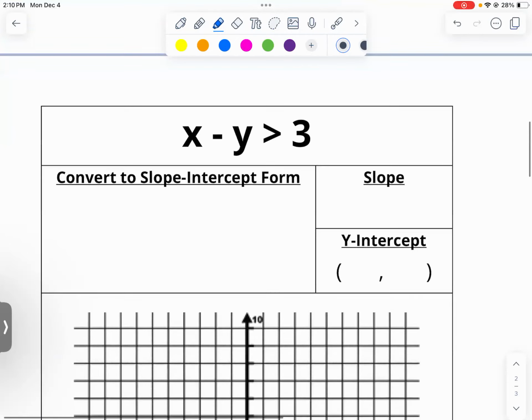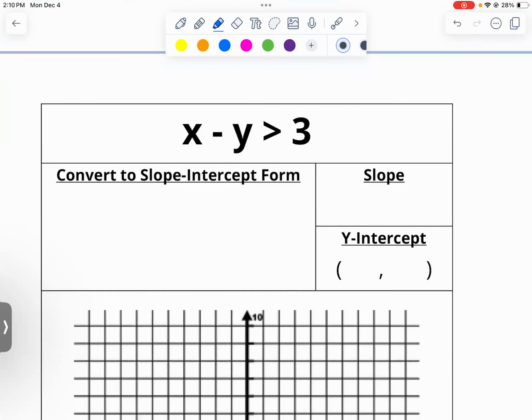But let's go ahead and figure out what that line is first. So let's write x minus y equals 3 so we can graph the line. How do we solve this? First, you've got to get y by itself. What's the first step in doing that?